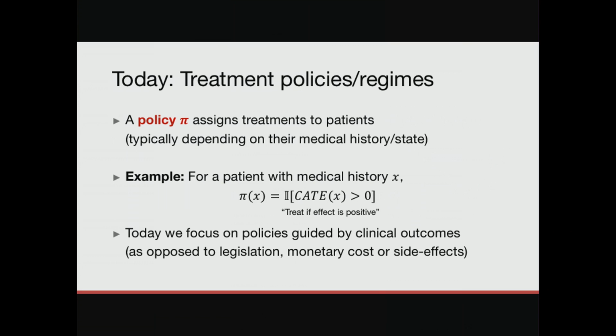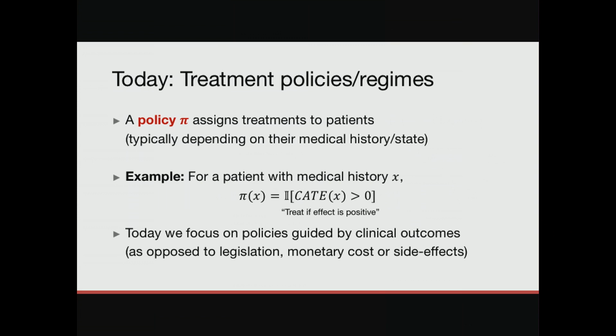And what I mean by that specifically is something that takes into account what we know about a patient and produces a choice or an action as an output. Typically, we'll think of policies as depending on medical history, perhaps which treatments they have received previously, what state the patient is currently in. But we can also base it purely on this number that we produced last time, the conditional average treatment effect.